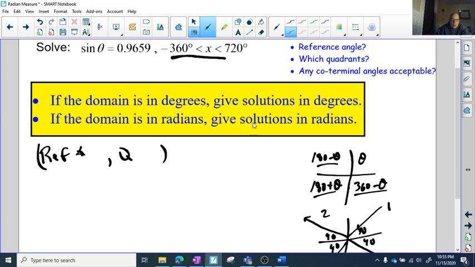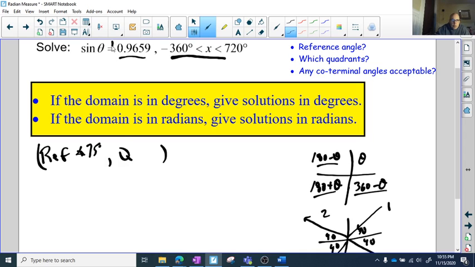Okay, so we're in degrees, so make sure you have your calculator set to degree mode, which I do here, and I need to find the angle associated with this sine ratio. So you're going to go inverse sine of 0.9659, and that will give us 75 degrees.